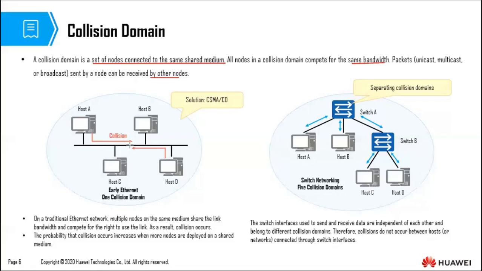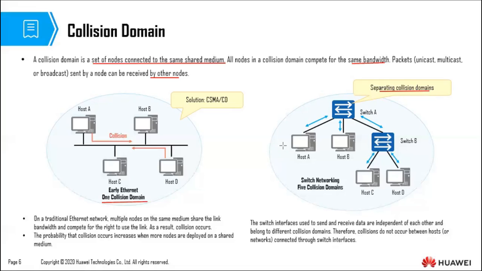So with the earlier arrangement, you had a single collision domain. The more devices you have in your network, the higher the chances of collision occurring. The other arrangement was to use the star topology, with a central device that sends unicast frames from one device to another and thereby also separates collision domains.